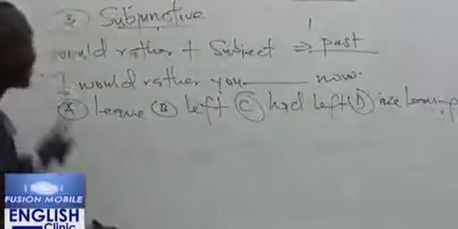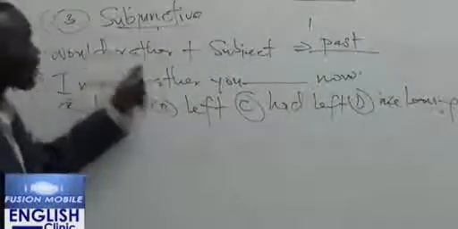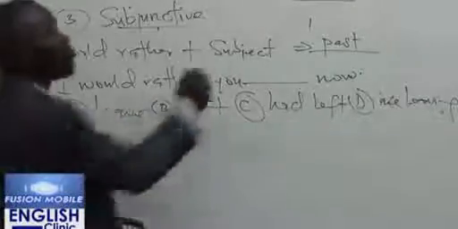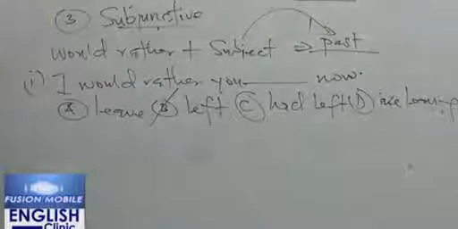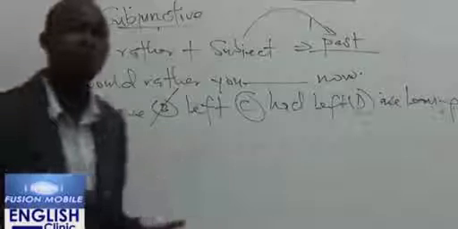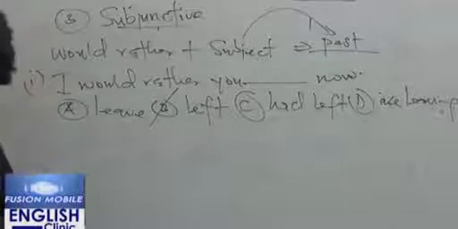So the rule says that whenever we have would rather followed by subject, whenever I want to indicate preference, it should be followed by the past tense. So the answer here is let. I would rather you let now. It may sound awkward, but it actually is correct.